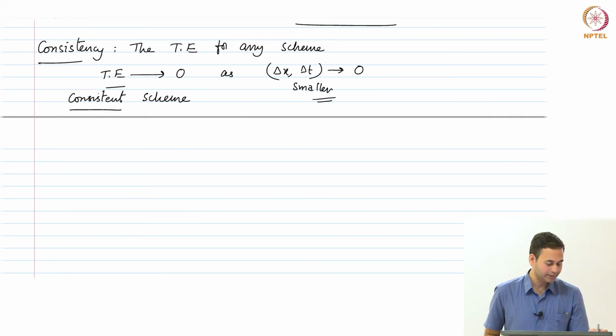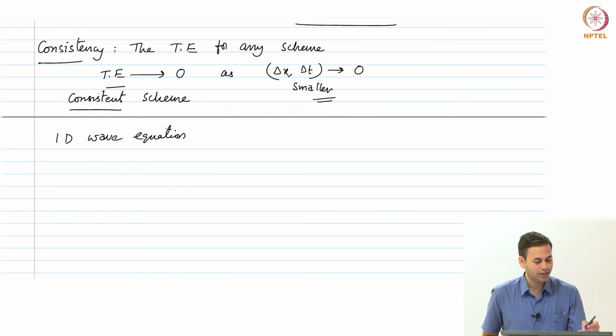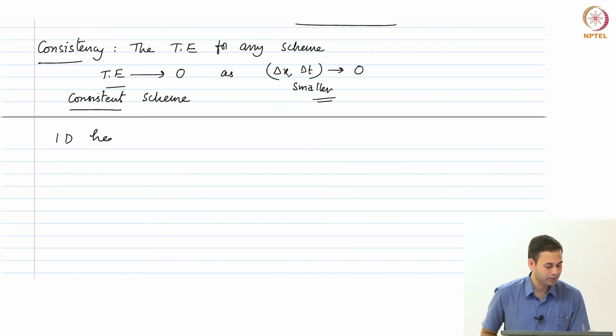So, this can happen if, let us say for example, I am just stating it as of now, we take the one dimensional heat equation, the transient heat conduction equation, okay.